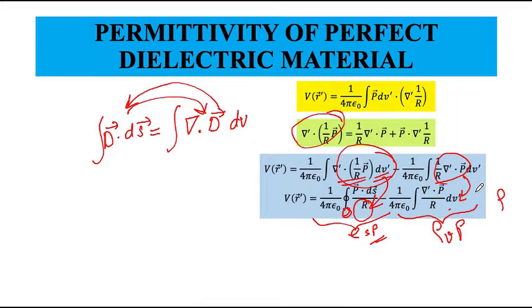You can always define a volume as a vanishingly small height with a finite area and include the surface charge in the volume charge distribution itself, in which case we will have only one equivalent volume charge. That is what is normally done.